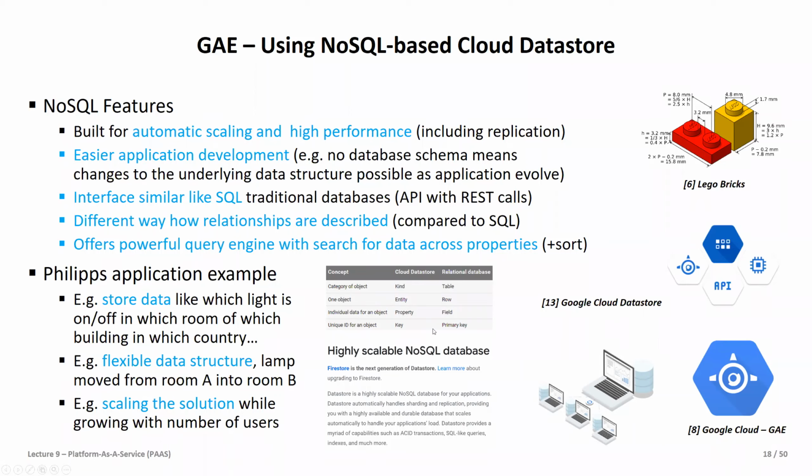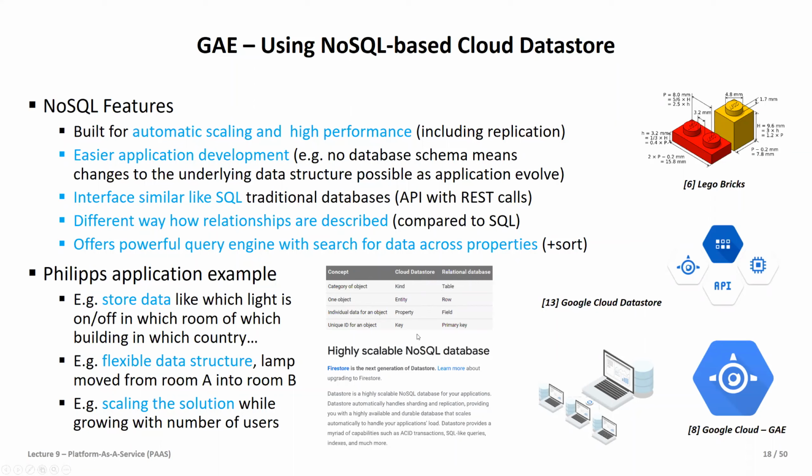And this is a nice comparison: the cloud data store is a type of object, and in a relational database it would be a table, a customer. In a cloud data store, which is NoSQL, it would be some form of an entity, and it would be a row in the relational store, and so forth.